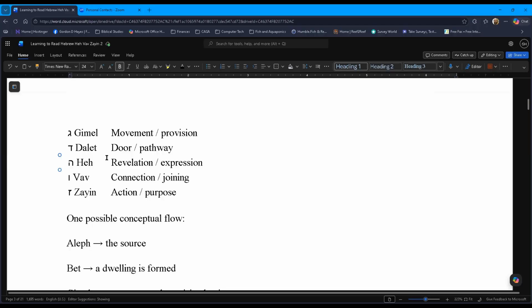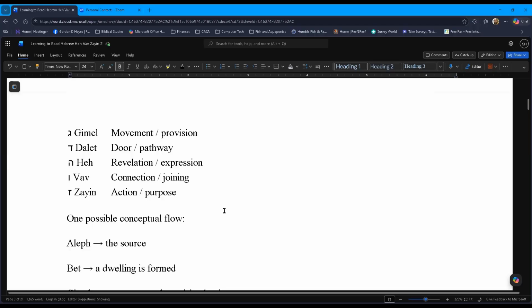The letter Dalet is a door or pathway. And Hey has the idea of revelation or expression. We'll see later the symbol of the man with the upraised arms. The Vav has the idea of connection or joining, and we'll talk about that. I talk about that a little bit in my little video on the letter Vav and how to write it. The Zayin has the idea of action or purpose.